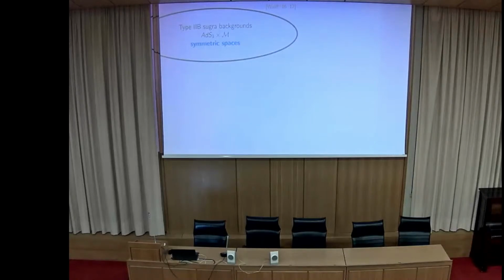Because we are in supergravity, we want a 10-dimensional spacetime, so we should complement it with some space M. He looked at all the solutions where this M is a symmetric space or a product of symmetric spaces, and he found something like 11 solutions for type IIB supergravity.